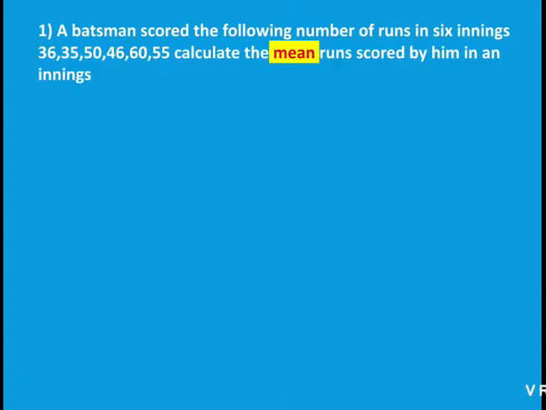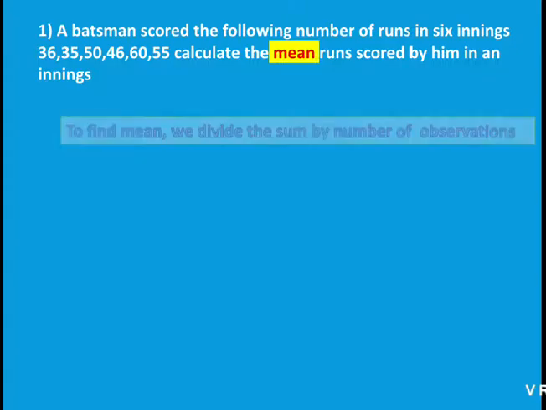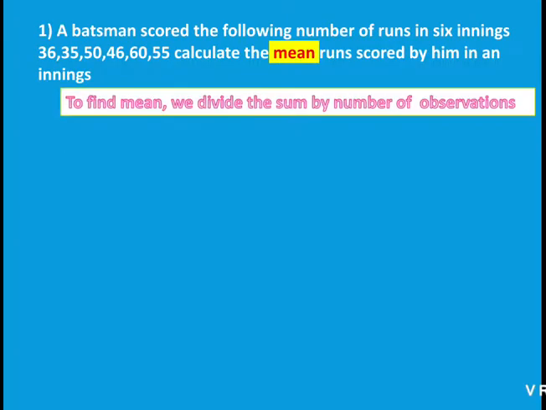Then the runs are given 36, 35, 50, 46, 60 and 55. We have to find the mean runs or average runs. How will we find the average runs? Listen, to find mean or average, we divide the sum by number of observations.